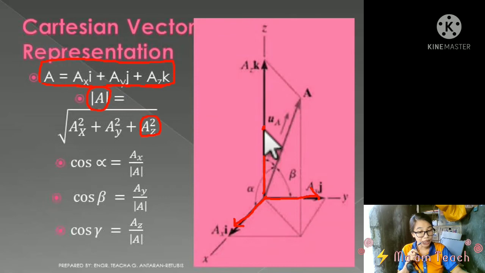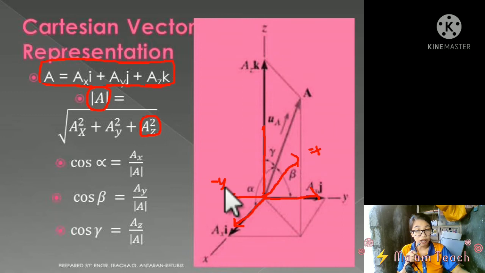Let's say your x component is negative, so it will be plotted right here, because this part is your negative x. If the y component is negative, this part is your negative y component.